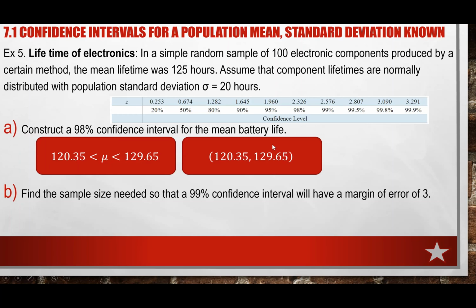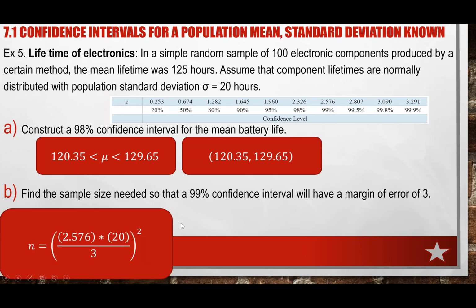That's why I make you find the critical value, because we need it here to plug in, which is for 99%, 2.576. Hopefully you remember that n is your critical value times your standard deviation divided by the margin of error, squared.